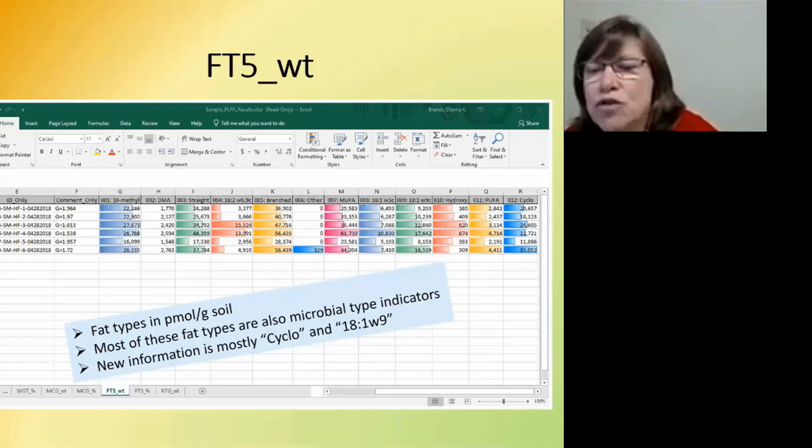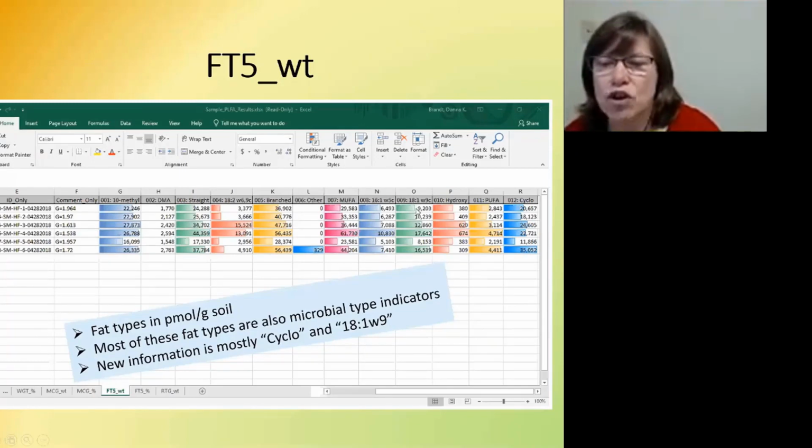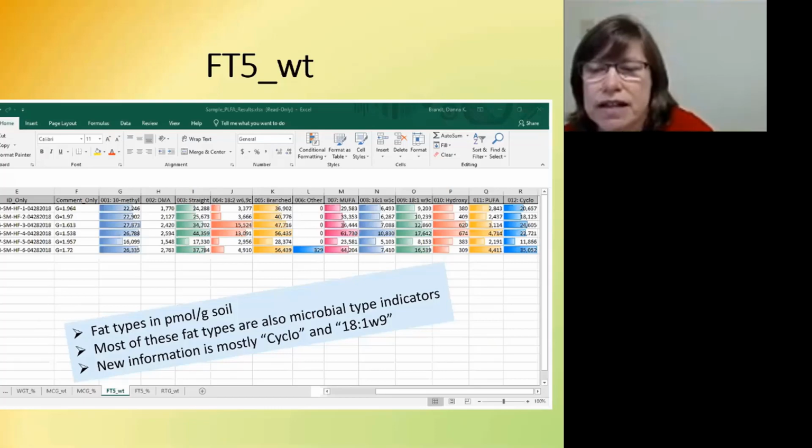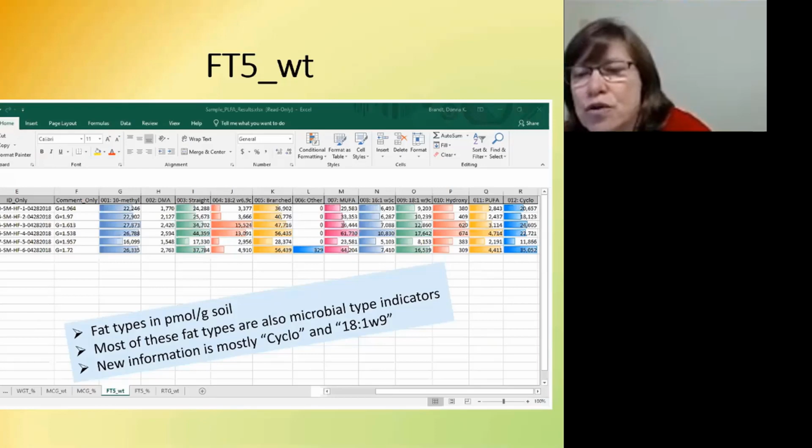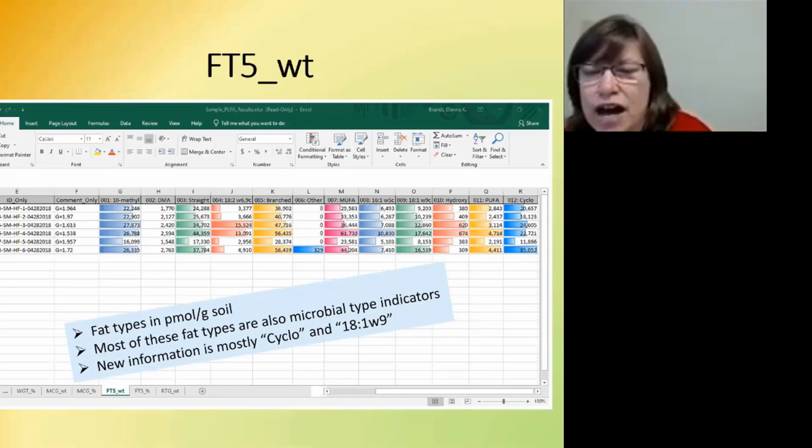So the main new value that you have here is the 18.1 omega-9, and they've listed this separately because fungi have a lot of the 18.1 omega-9, and some people use that as an indicator, but it is not quite as reliable as the 18.2. So I do not classify that as a fungi. I have left it as general. I haven't put it into a specific category.